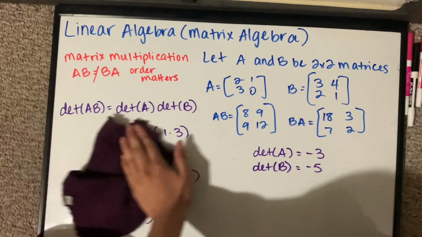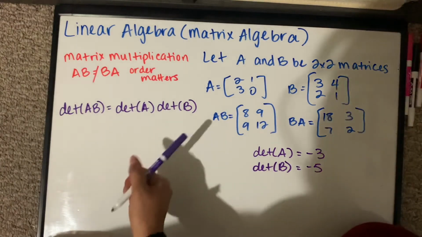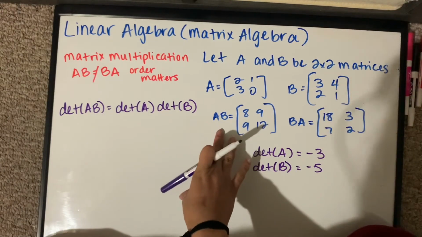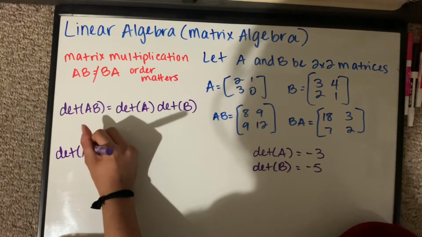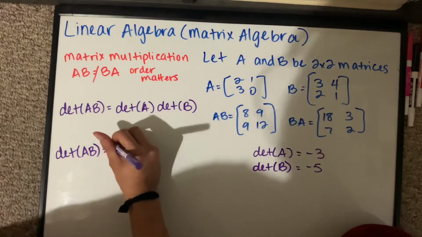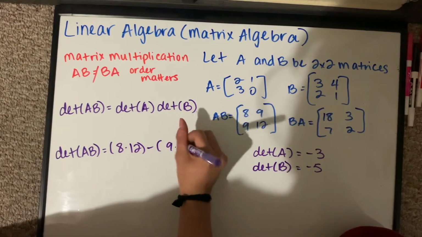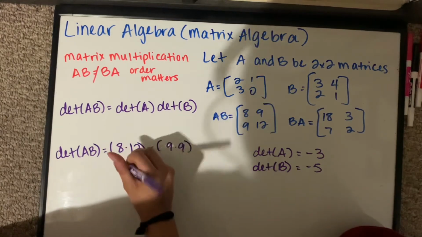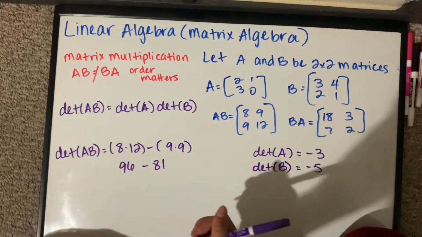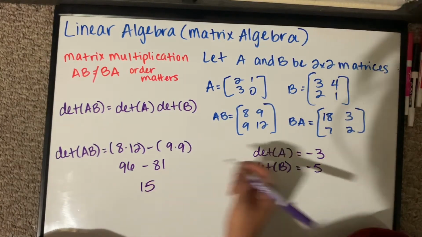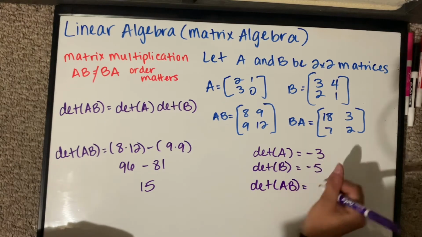So I'm going to keep this property up, and we are going to find the determinant of our product matrix right here. So that's 9 by 9. This is going to give us 96 minus, so this gives us 15. The determinant of our product matrix is this.